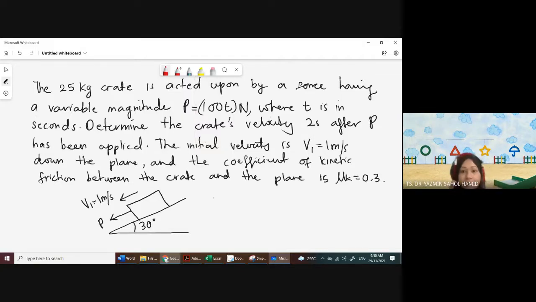Okay, soalan ni boleh siap dalam masa 10 minit. Senang je.